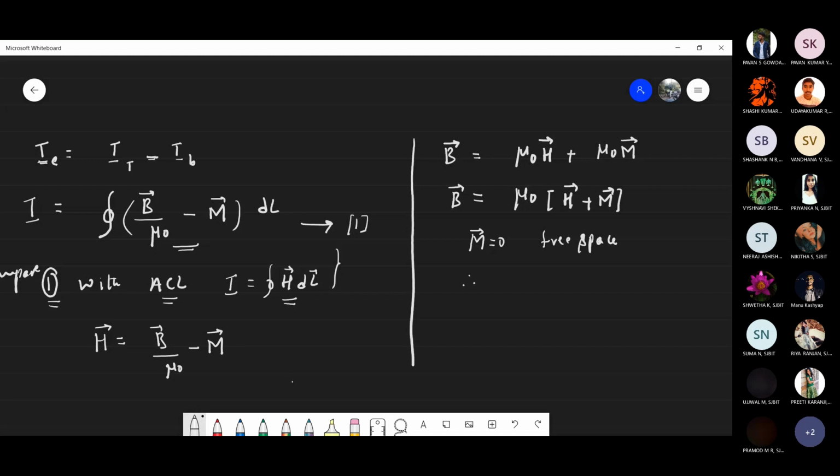B is equal to mu naught H. So this is one more equation which has been derived to say that magnetic field is equal to mu naught H in free space. So this is one more relationship. Remember this relationship. B is equal to mu naught (H plus M).